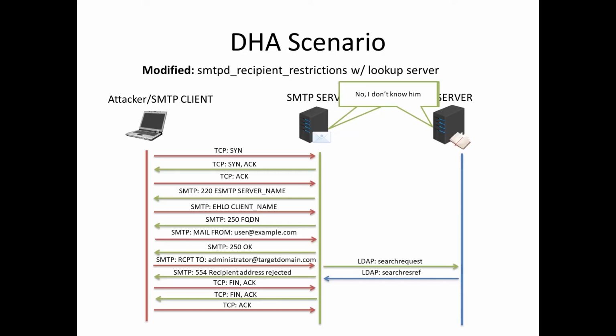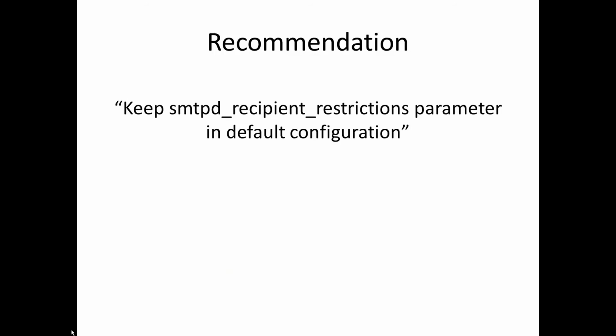Given that, is there any option for us to avoid such kind of attack? Of course, there is. And the most obvious one is to configure the smtpd_recipient_restrictions parameter as default. That is, not giving any idea to the attacker which are active and which are inactive email addresses. But the question is, how about the NDR?